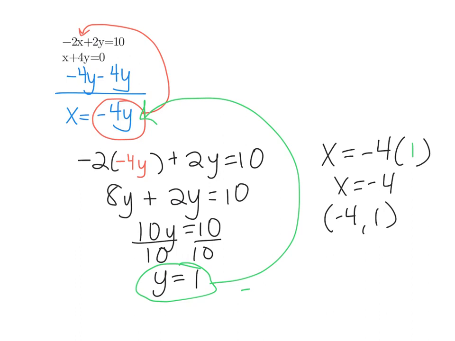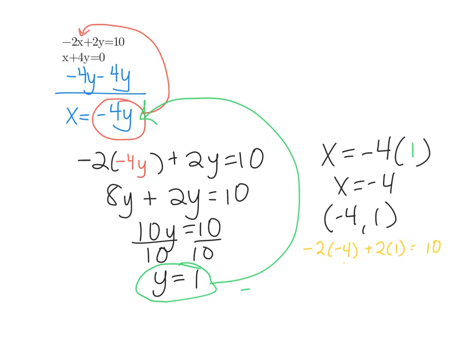Now, a good habit to always get into with systems of equations is that I can check my work. I can take what x and y equal, and substitute them into both equations just to make sure they work. So if we wanted to do that, it would look like this. Is negative 2 times negative 4 plus 2 times 1 equal to 10?